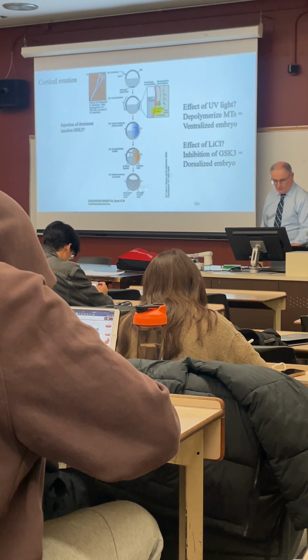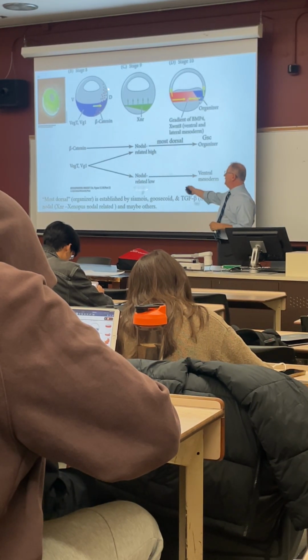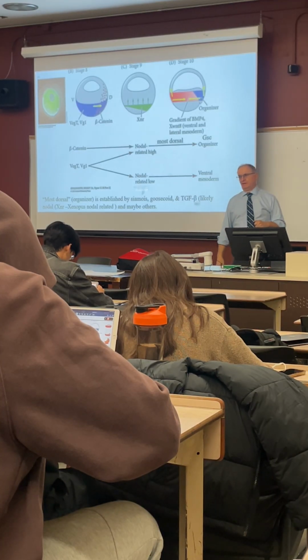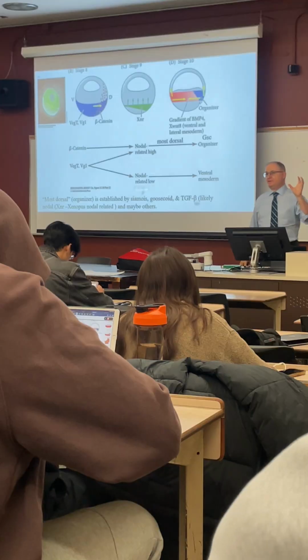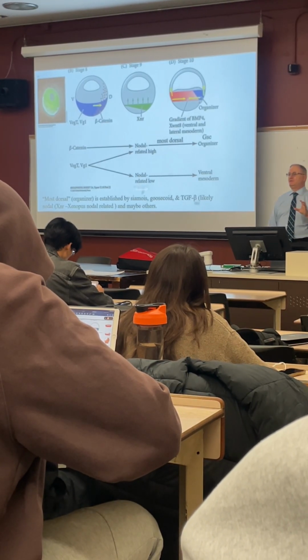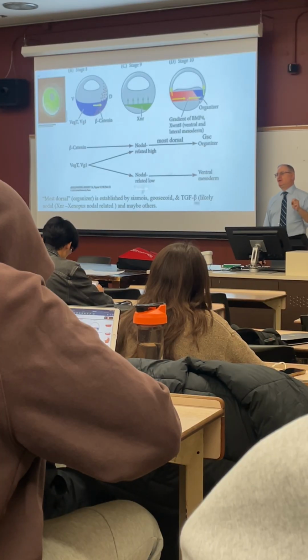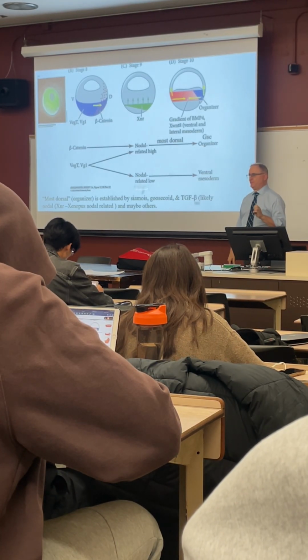All right, so more specifics. Let's get into some signaling. Okay, so you have a lot of maternal determinants. During cortical rotation, maternal determinants move or maybe not. So some maternal determinants are going to move, some maternal determinants are not. Okay, so that's an important part to remember.